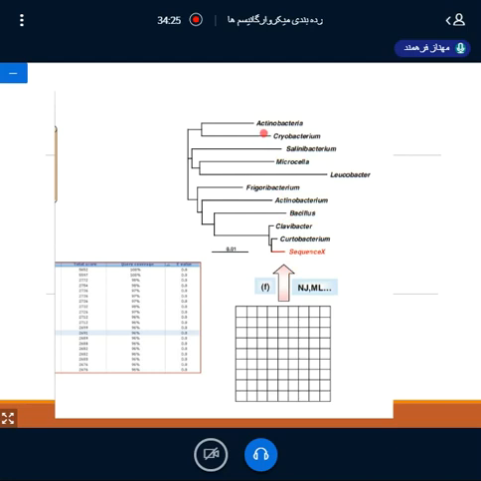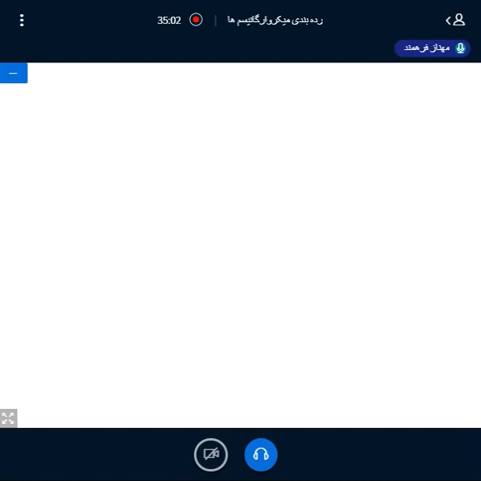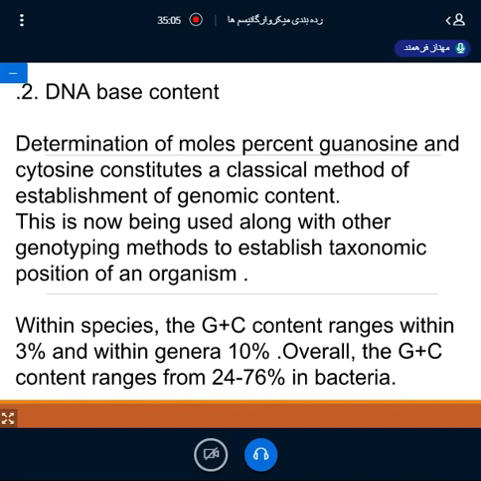If the distance is too far, they are far from each other. And if the distance is near, for example, Proteobacterium, these genus are very related to each other, and we can see the near relationship between them. So the distance in this dendrogram can show us the nearest and the farthest genus with respect to their phylogenetic similarities. Okay, if you have any questions from these pictures, please ask me.